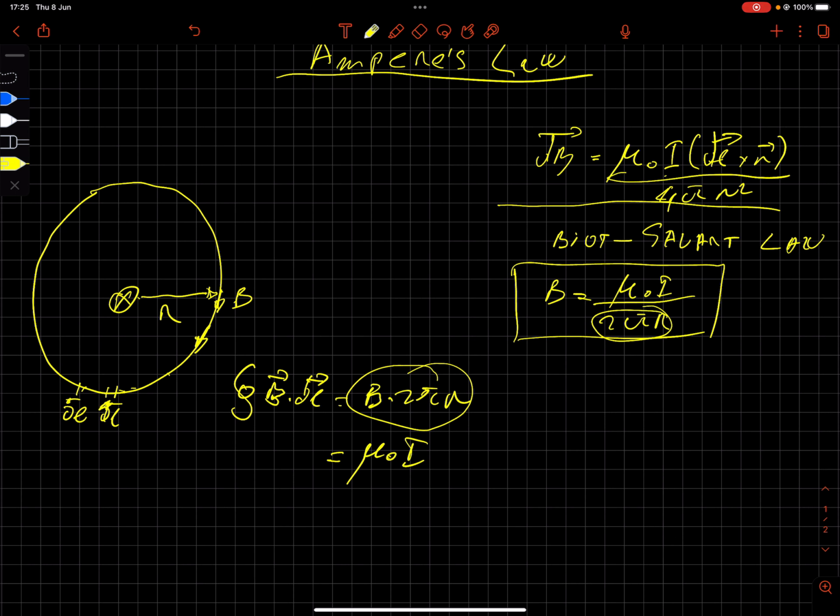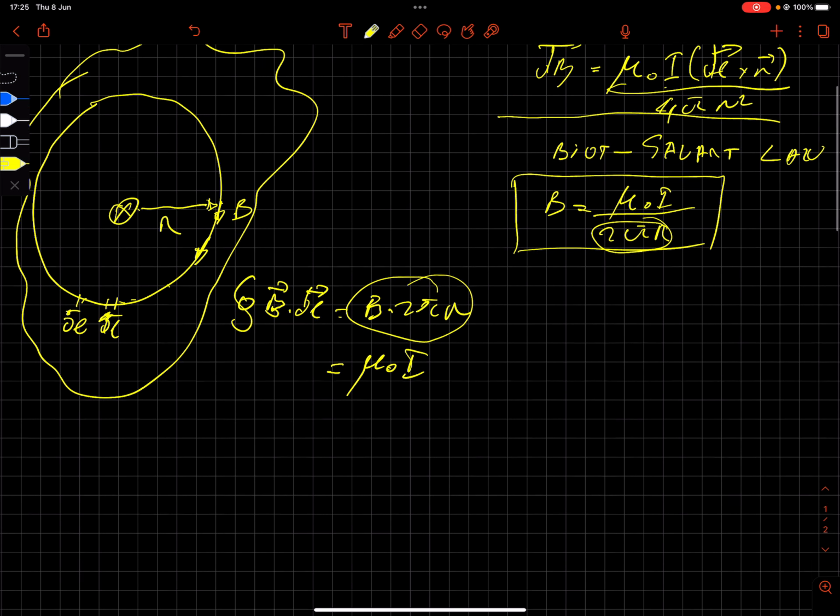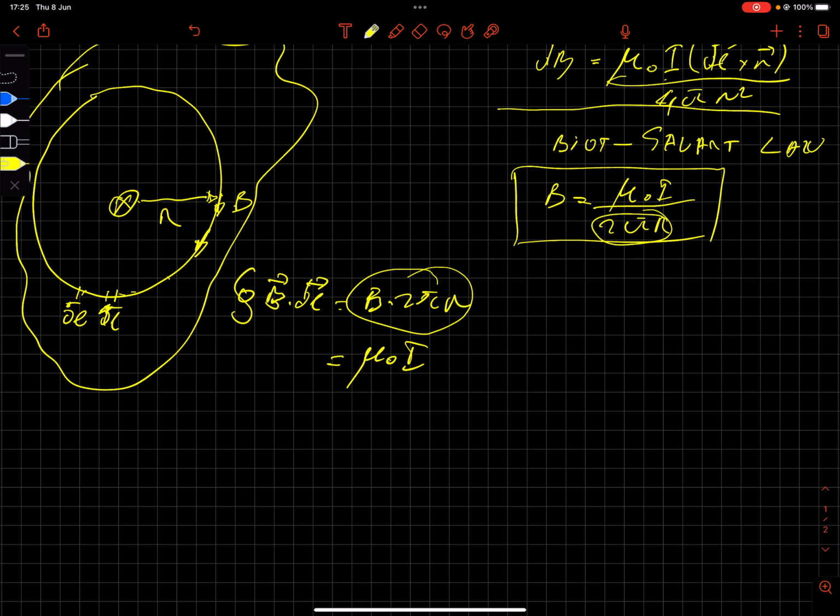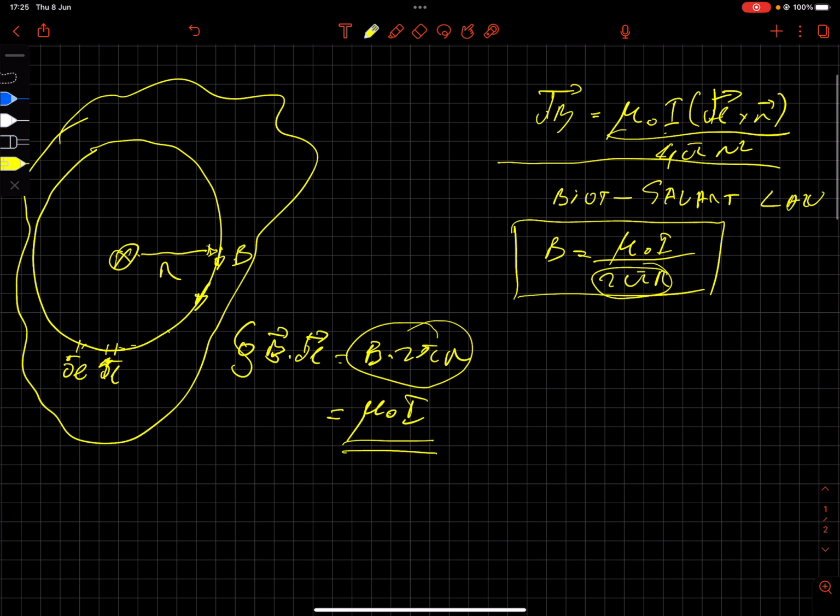we don't have to use the circle, we can use any kind of path around that wire and attach the surface on that path, and it will give the same result.